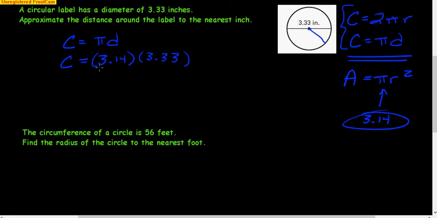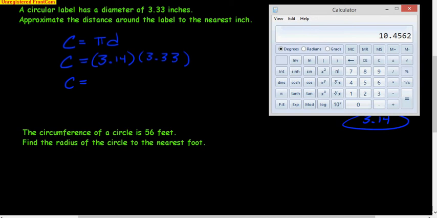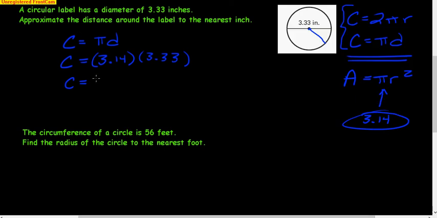I just multiply these together, and there's really no algebra to do. I used my calculator and got 10.4562. They wanted me to the nearest inch, so I round to this decimal place. I look to that 4 that says do not change it, so I get an answer of 10.